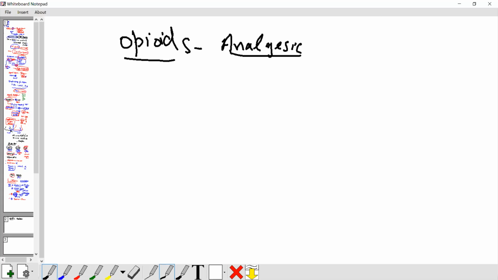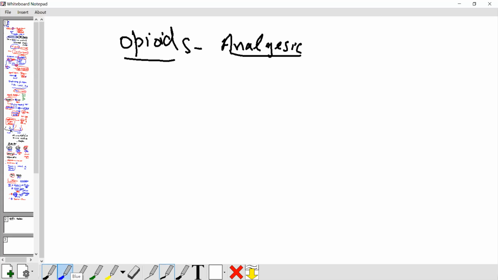Opioids we only use for severe pain. Understand? Not for mild pain, not for moderate pain.